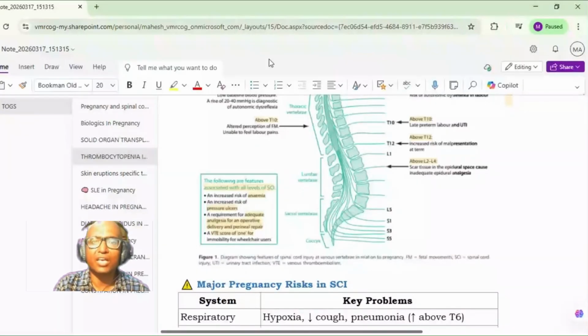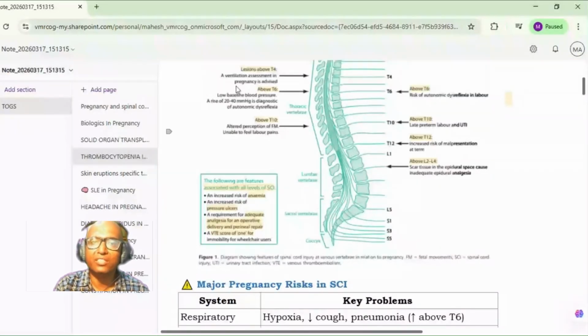And if there is a lesion above the level of the T4, ventilation assessment in pregnancy is advised. Then above T6, with a low baseline blood pressure, a rise of 20 to 40 millimeters of mercury is diagnostic of autonomic dysreflexia. Above T10, altered perception of the fetal movement and unable to feel labor pains.